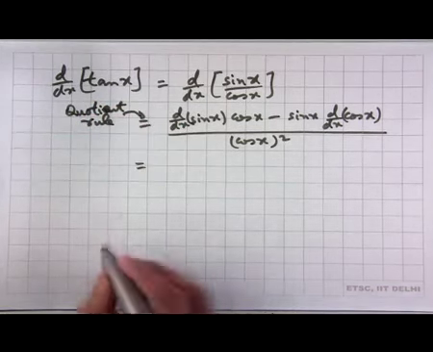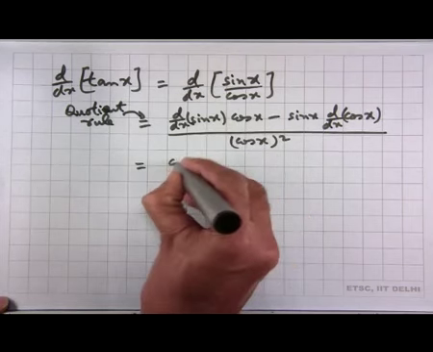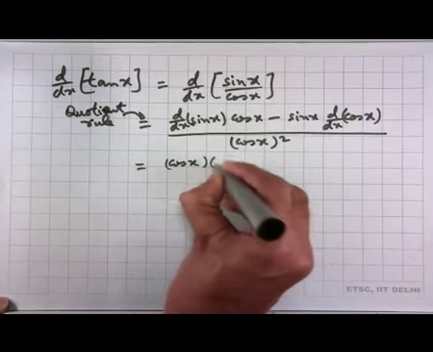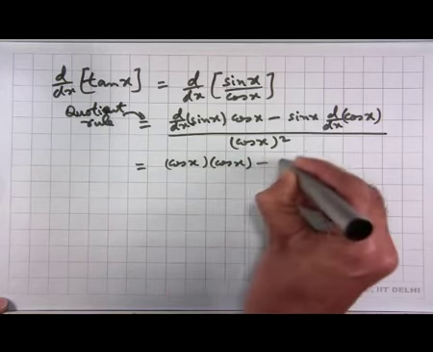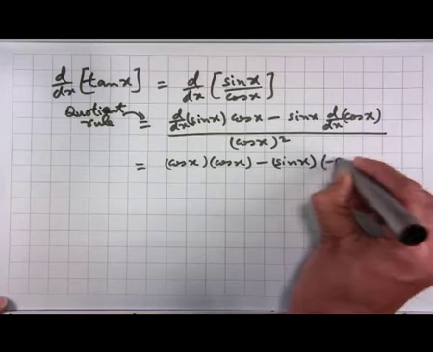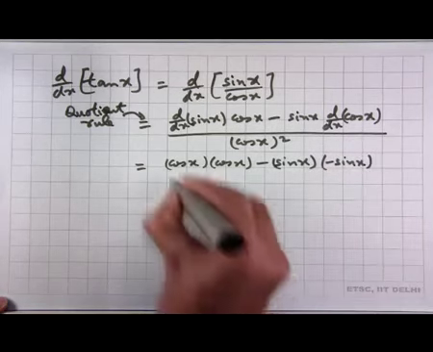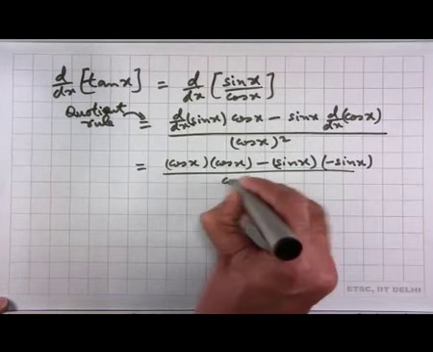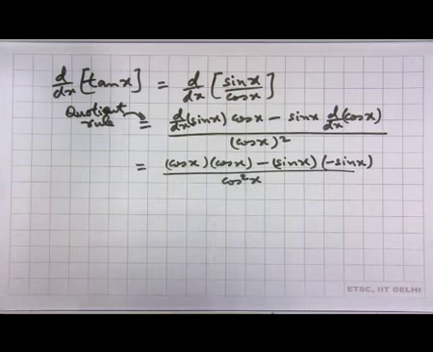Now, we have calculated that the derivative of sin x is cos x. So, this is cos x times cos x, and I have asked you to verify that the derivative of cos x is minus sin x. So, this is minus sin x divided by cos x square, which we also write as cos square x.